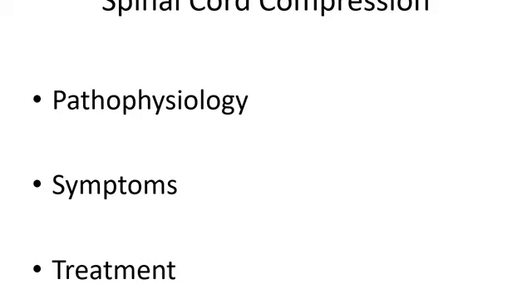Patients will have back pain, numbness and tingling, loss of bowel and bladder control, muscle weakness. So our treatment is high-dose corticosteroids to reduce swelling and inflammation, high-dose radiation to decrease the tumor size, or surgery to remove the tumor or debulk it so that it is not compressing the spinal cord as severely.